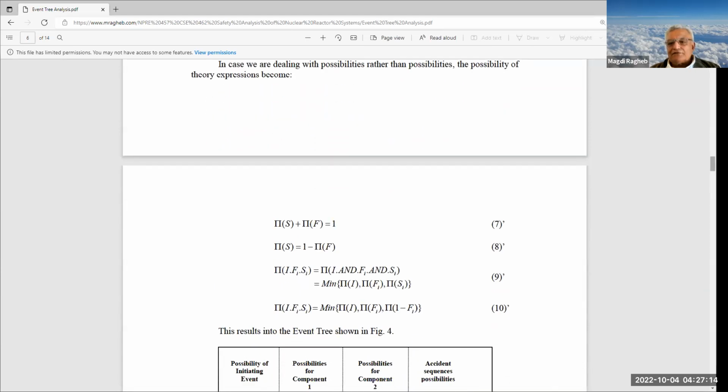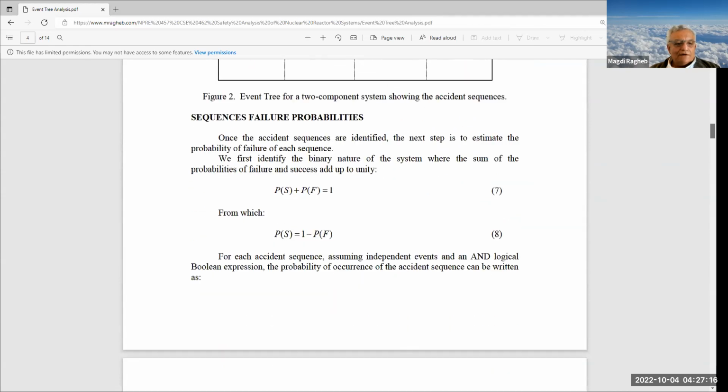All right, so let us think about possibilities. So let me go back to the theory here. We have basically invoked the fact that in probability theory, if you have a binary state, two states, then the occurrence of one of them should be equal to 1 minus the other, because the two probabilities should add up to 1. So the probability of success is 1 minus the probability of failure.